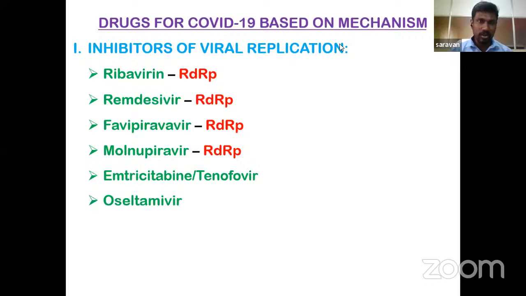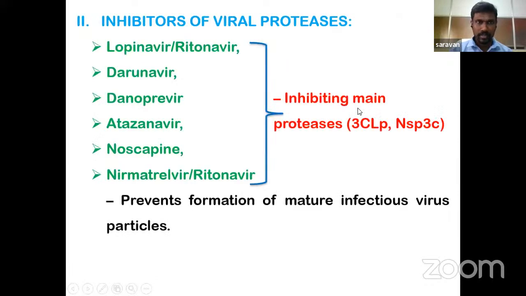The second category includes drugs that inhibit the viral replicases, the viral proteolytic enzymes. We have drugs like lopinavir, ritonavir, darunavir, dolutegravir, atazanavir, noscapine, and the recently added nirmatrelvir and ritonavir combination.